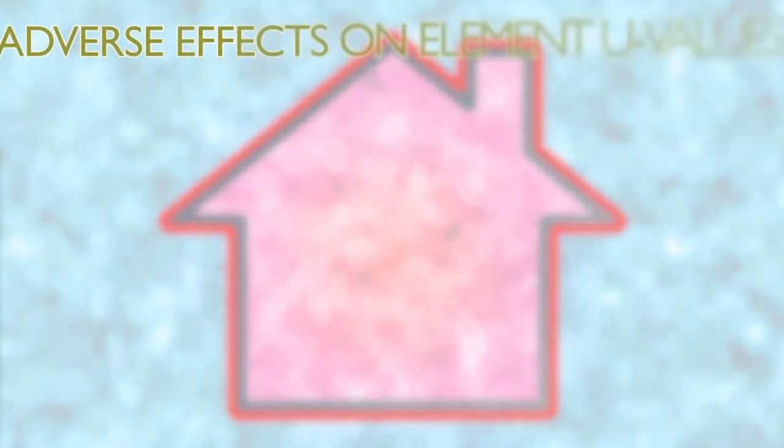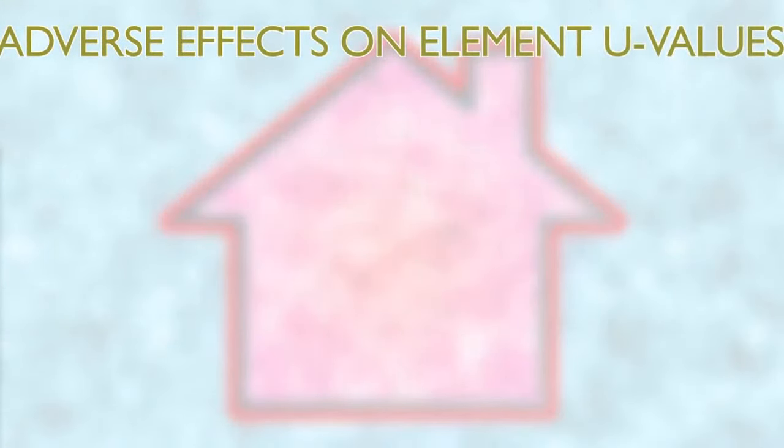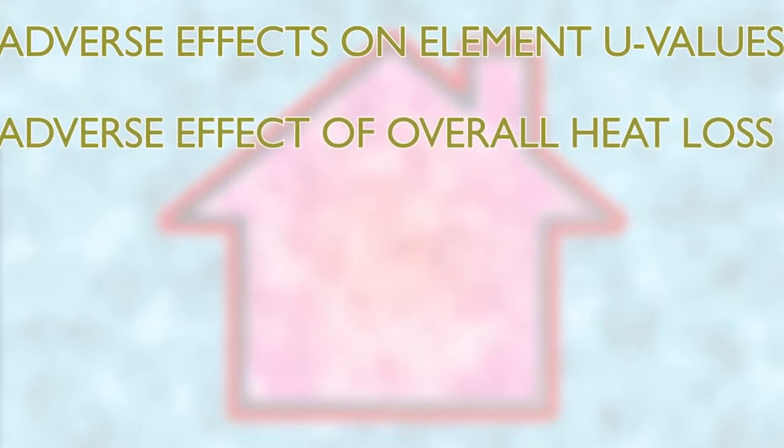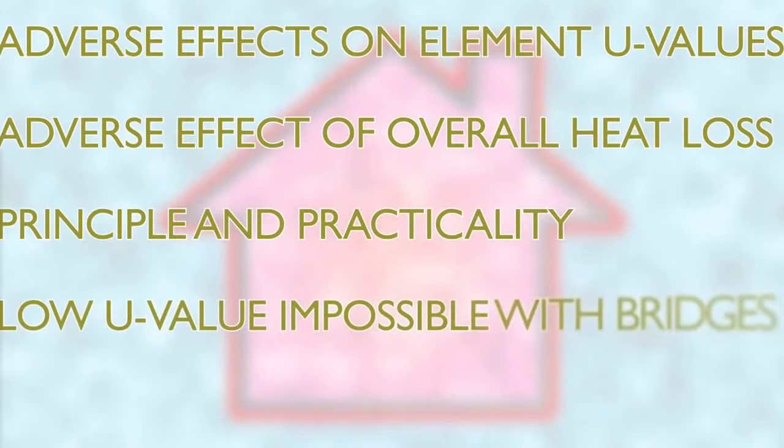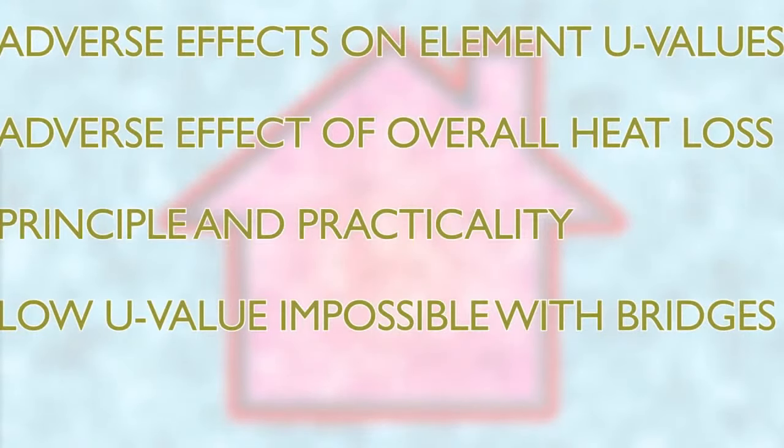Because of the adverse effect that thermal bridging has on both the U value of individual elements and the overall energy performance, whether assessed via PHPP or SAP, reducing cold bridging in low-energy building is a matter not just of principle, but also of practicality. Getting U values anywhere close to Passivehouse's best practice performance levels without restricting thermal bridging is virtually impossible.